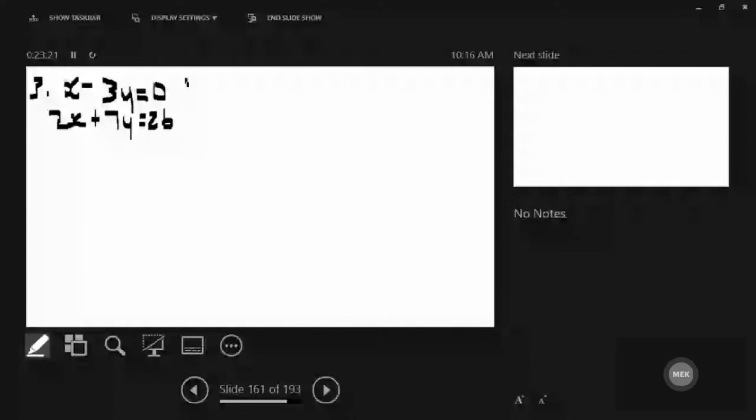And this is equation 1. This is equation 2.